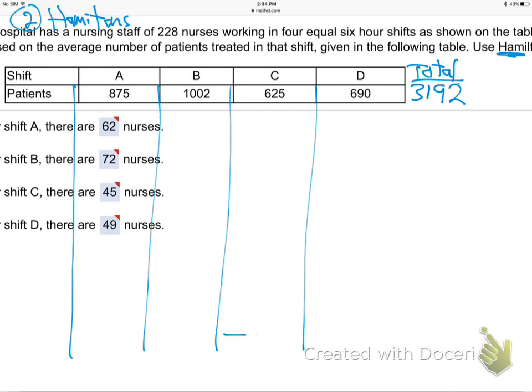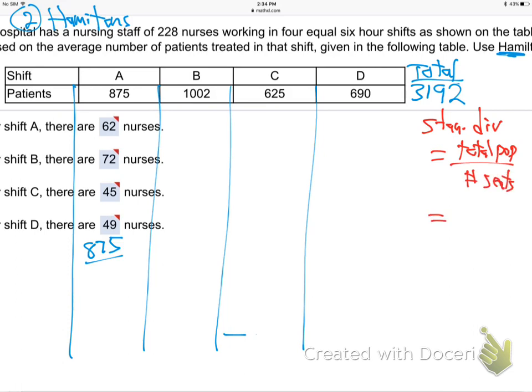Oh, you have to find the standard divisor first, that's right. That's always total population over number of seats. So total population, that's the 3192. Number of seats, 228 nurses.